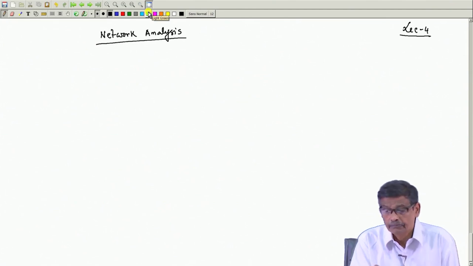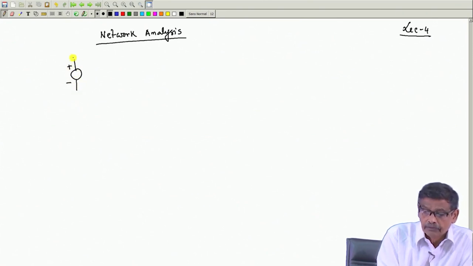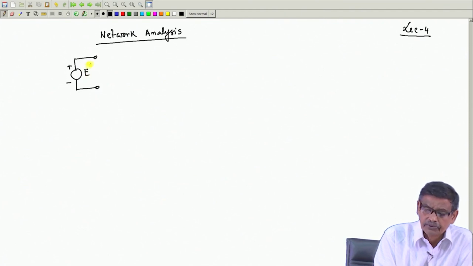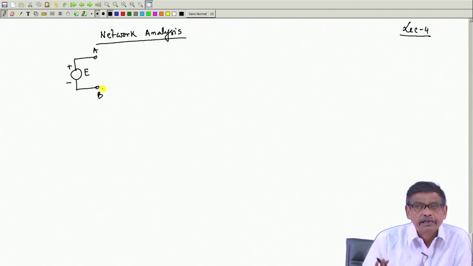Only thing you should remember is that an ideal voltage source will be represented like this, without any internal impedance in series. Its EMF will be shown in this diagram, and the 2 terminals I am just calling A and B. So, an ideal voltage source should be kept open circuited, okay?